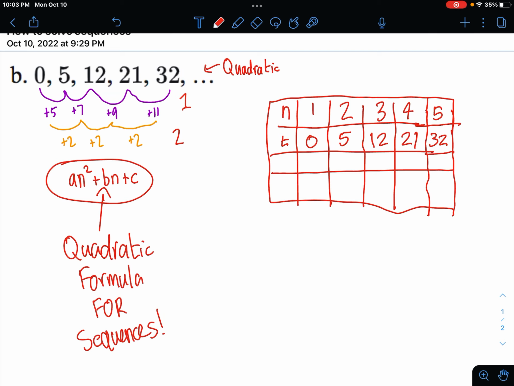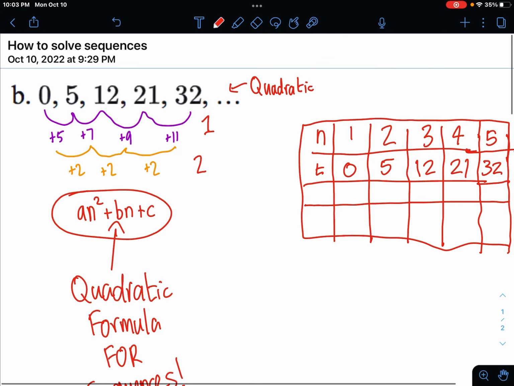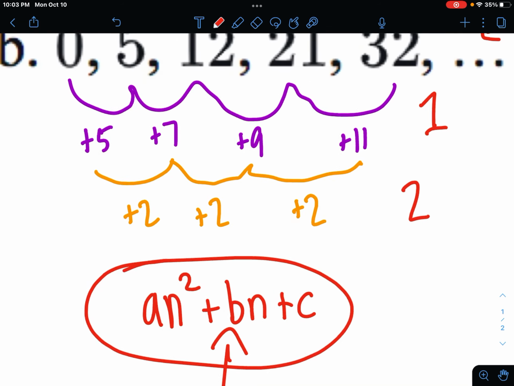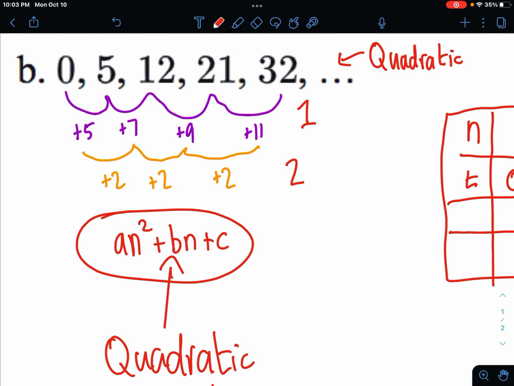Alright, so the first thing we need to do is solve for an squared. And that is super simple. So what we're going to do is find out what we are adding by for the addition. We are adding these numbers by different numbers, like 5 for this one, 7, 9, 11, etc. But you will see that these numbers only go up by 2 each time.